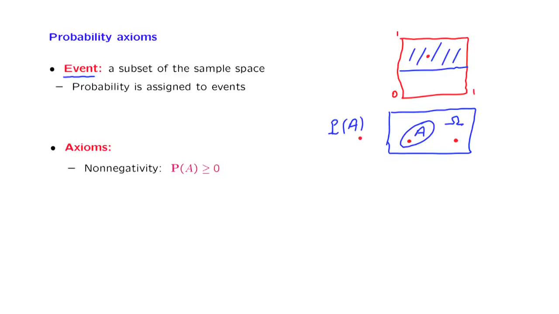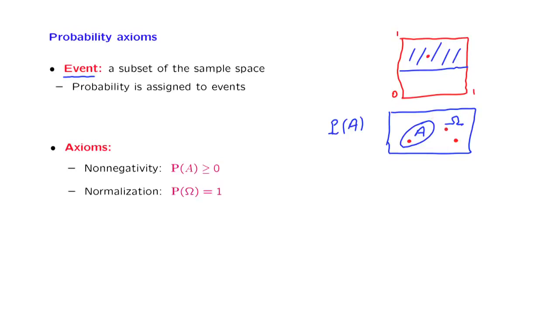And our first axiom is a non-negativity axiom. Namely, probabilities will always be non-negative numbers. It's a reasonable rule. The second rule is that if the subset that we're looking at is actually not a subset, but is the entire sample space omega, the probability of it should always be equal to 1. What does that mean?